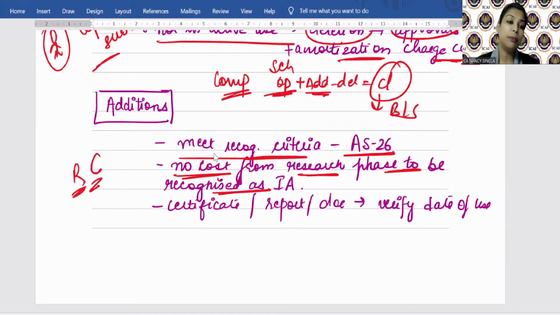So it will not be recognized as an intangible asset, but it will be charged to the P&L, as the entity cannot demonstrate that the future economic benefits are probable.